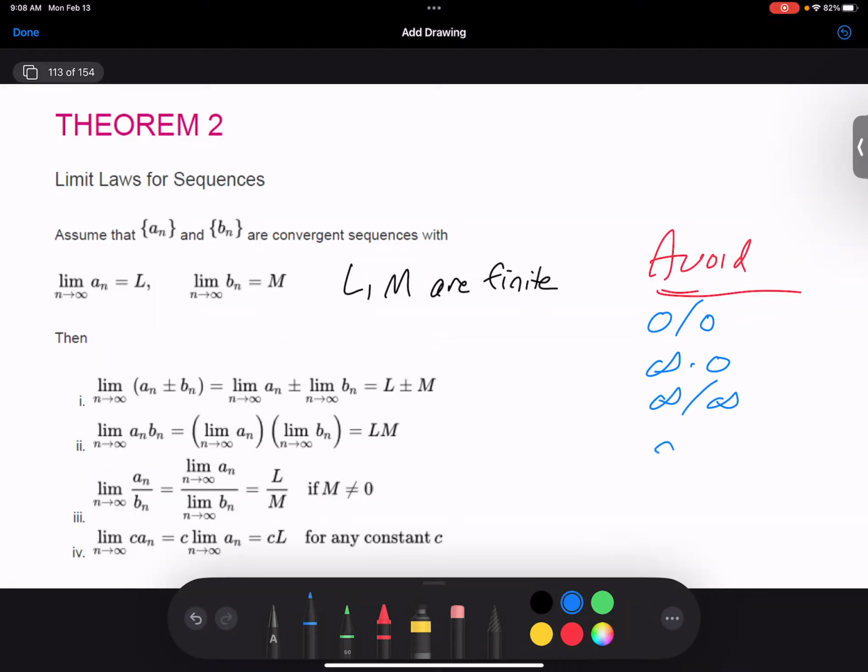Infinity minus infinity. These are the things we have to avoid. These results are actually true if one, but not both, of the limits is infinity. If a_n is going to infinity and b_n is going to something finite, the sum is going to infinity. The only danger is when both of them are infinities.